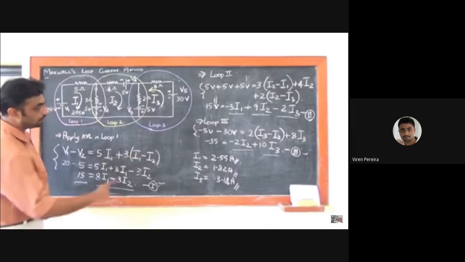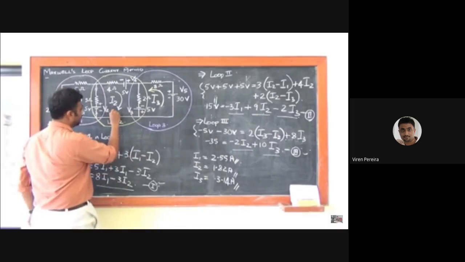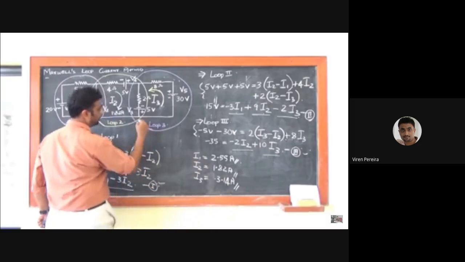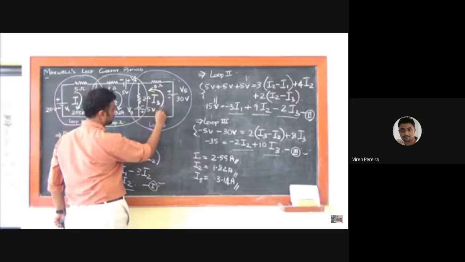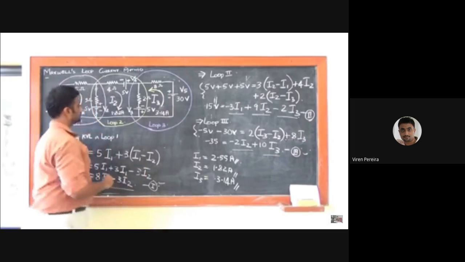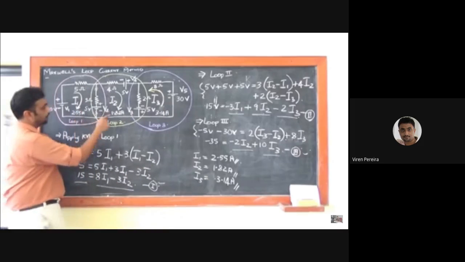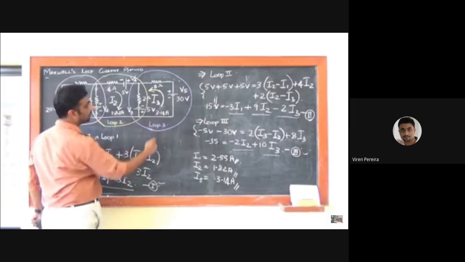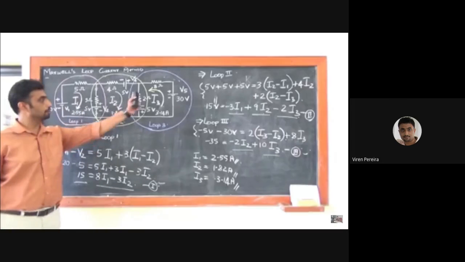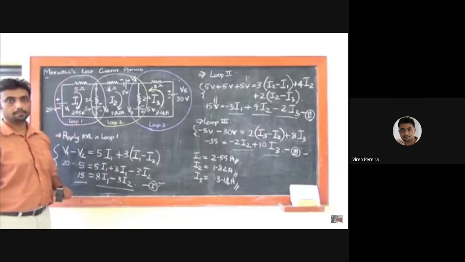I2 equals 1.82 amps. And I3 equals 3.14 amps. So I got 2.55, 1.82, and 3.14 amps for I1, I2 and I3.